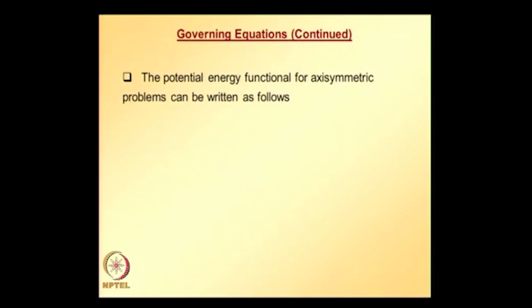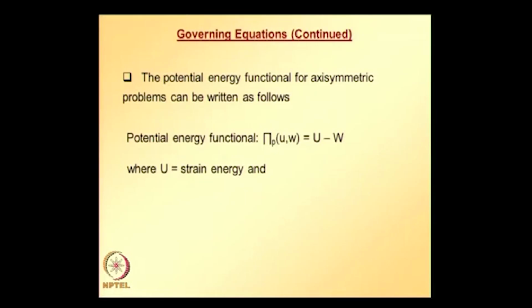So, the potential energy functional for axisymmetric problems can be written as follows: potential energy functional pi is a function of u and w, where u is the displacement component in the r direction, w is the displacement component in the z direction. So, pi is equal to U minus W. The definitions of U and W are similar to those for plane stress plane strain problems.